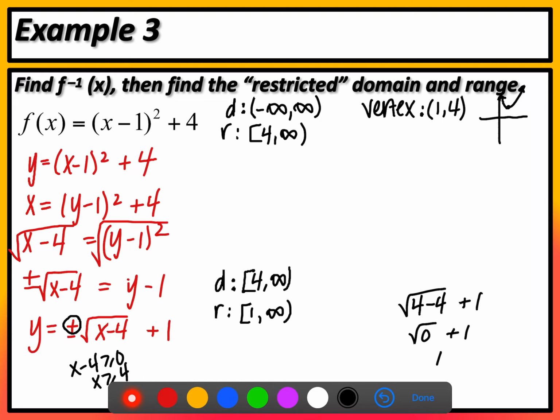Okay, and now you see that this has been restricted from the original that it came from. So you do need to take that into account. So that's why I was saying don't just blindly take your domain and range. You always want to check. Okay, we can't actually use negative infinity to infinity because it doesn't produce that. Okay, taking those x values.